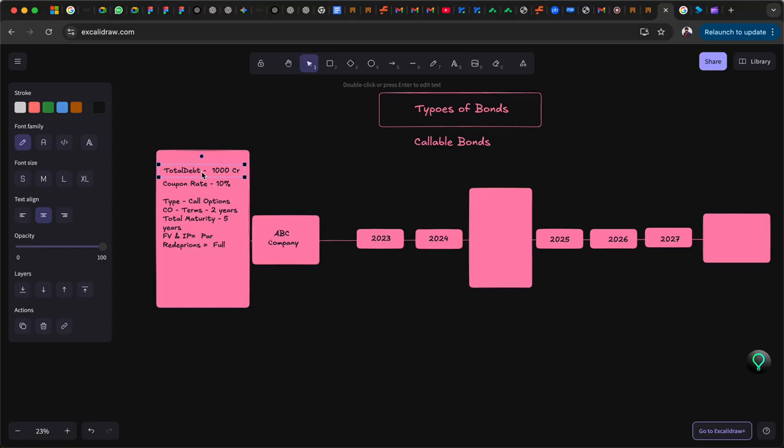So basically, the company is okay with the full payment here, which is 1,000 crore.